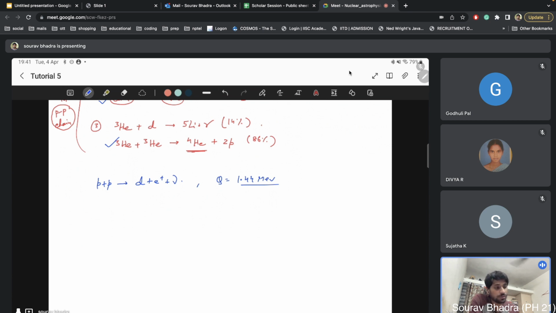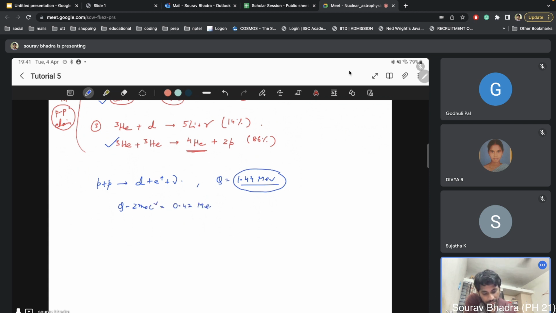Due to the annihilation of the positron, because a positron cannot stay in a free state, it will react with an electron and annihilate. The energy of that annihilation is included in the 1.44 MeV. If we subtract that annihilation part, the Q value will be 0.42 MeV.